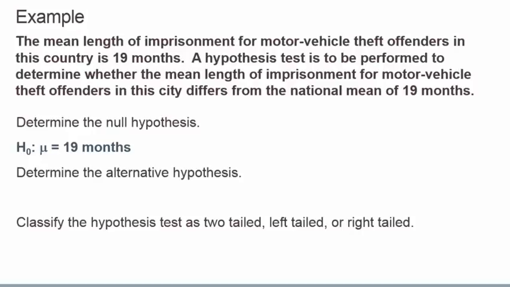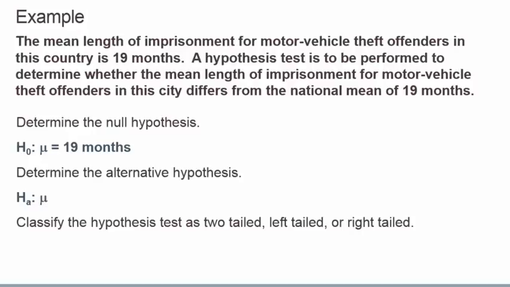Determine the alternative hypothesis. The notation for alternative hypothesis is H sub A. We use mu since we used it for the null hypothesis. We need to decide if we're going to have less than, greater than, or equal to.